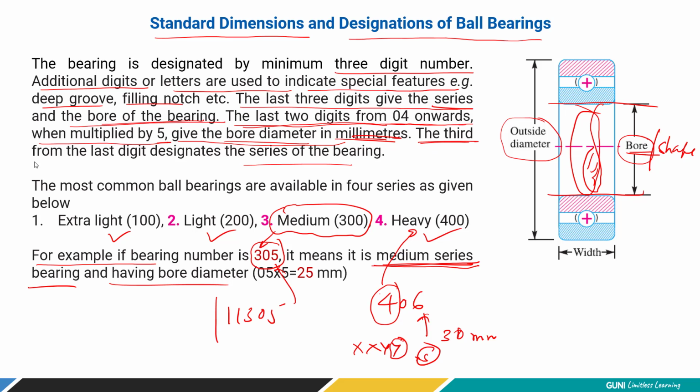The third digit from the last designates the series. We have taken the example 305. So multiply 5 by 5, that means 25. 25 is the bore diameter. But the third digit from the last indicates the series of the bearing. So here it is 3, and 3 means it is a medium series.